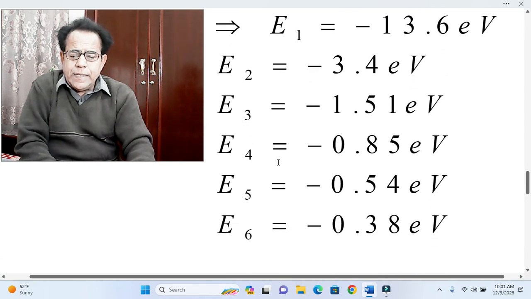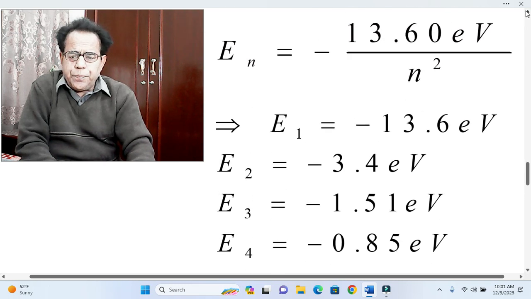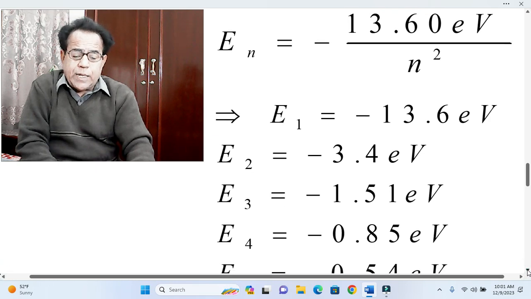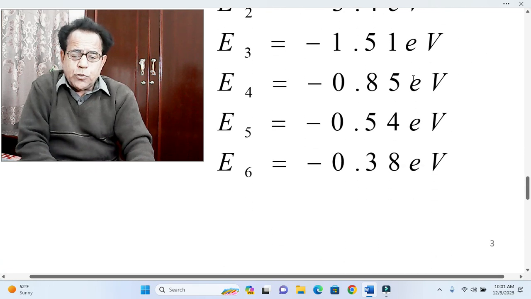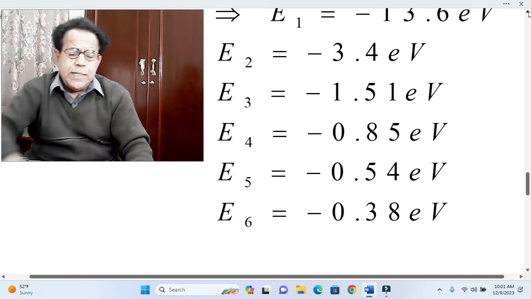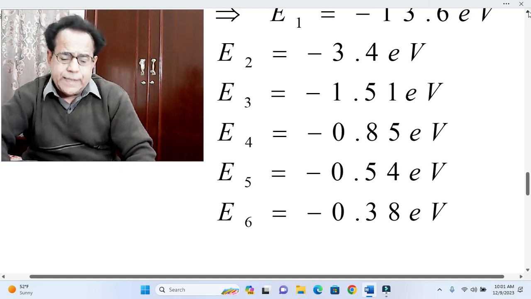E6 will be equal to this value divided by 36, because square of 6 is 36. So we have found these values of E1, E2, E3, E4, E5, E6.